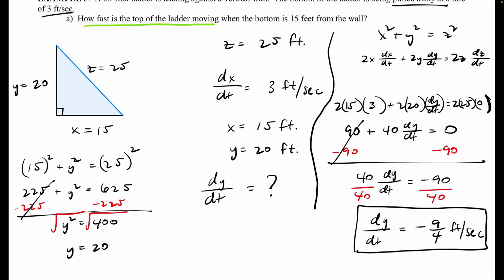Didn't we say that y was shrinking? So it should be a negative number, right? There you go. Always do the common sense question. Does it make sense? I did all these calculations. Should my answer be negative? Yeah, we kind of said that, right? Y is getting smaller. Okay? All right.